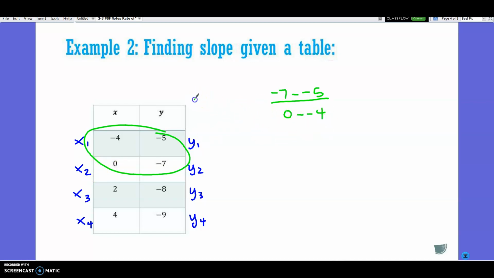So I write it just like I see it, y2 minus y1 over x2 minus x1. And then I go ahead and simplify these. So this would become a positive, so it's negative 2. This would also become a positive, so that is 4. So this would have a slope of negative 1/2.